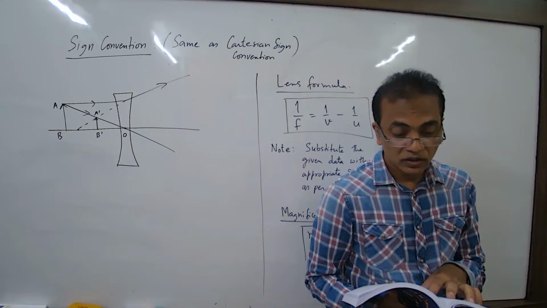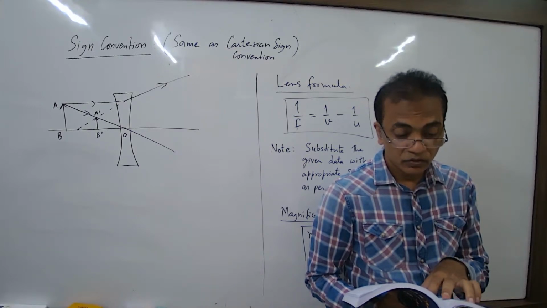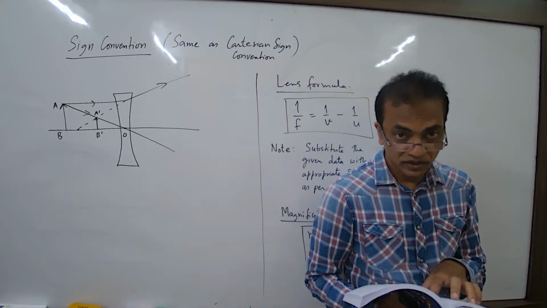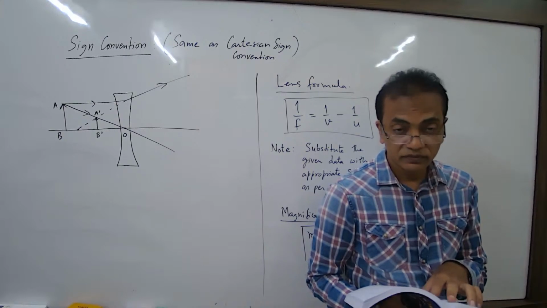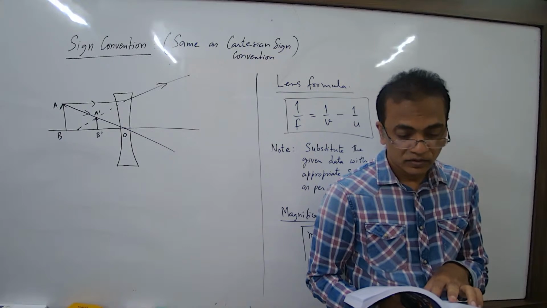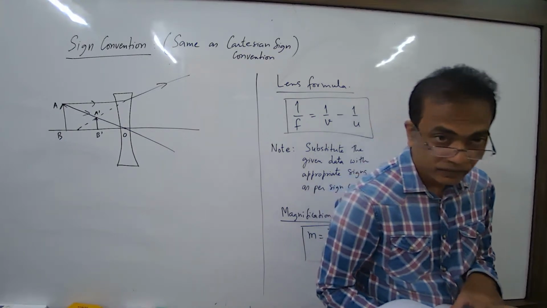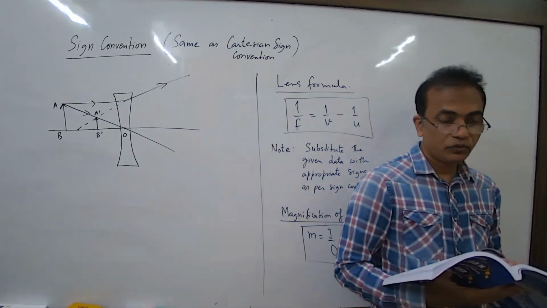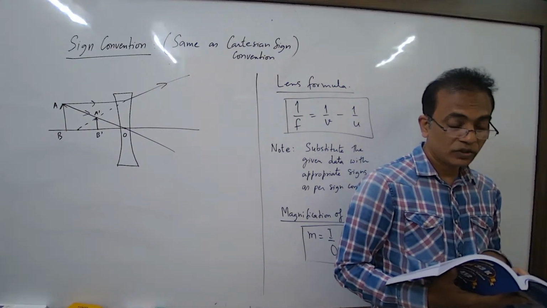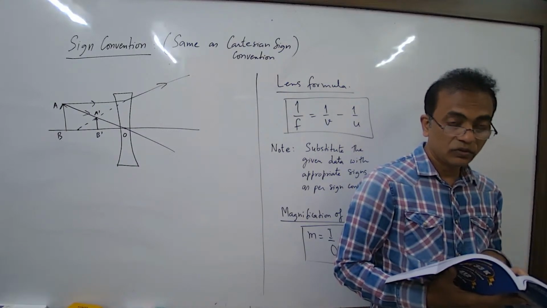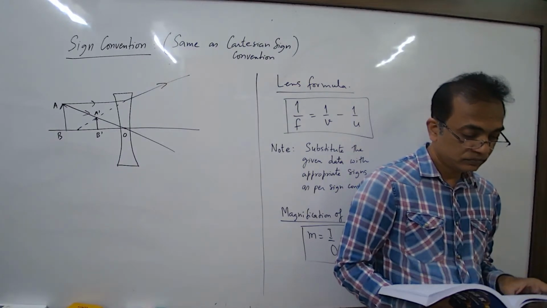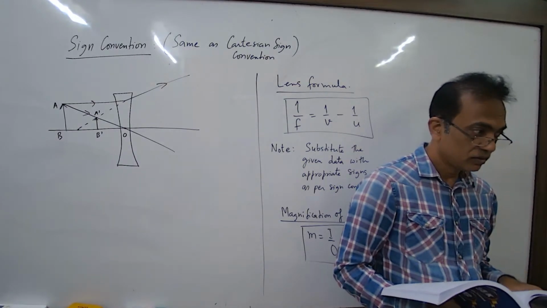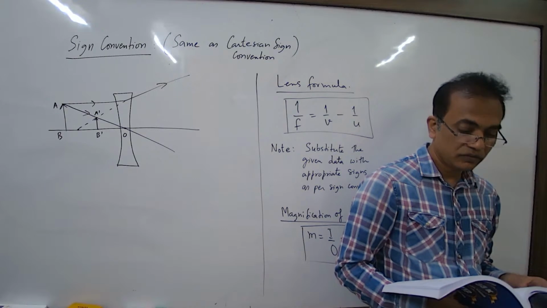O is half the distance of the object in this case. So it is F. So O is F2. O dash is, sorry, O is F1. O dash is F2. Convex lens. So on the right is F2, on the left is F1.